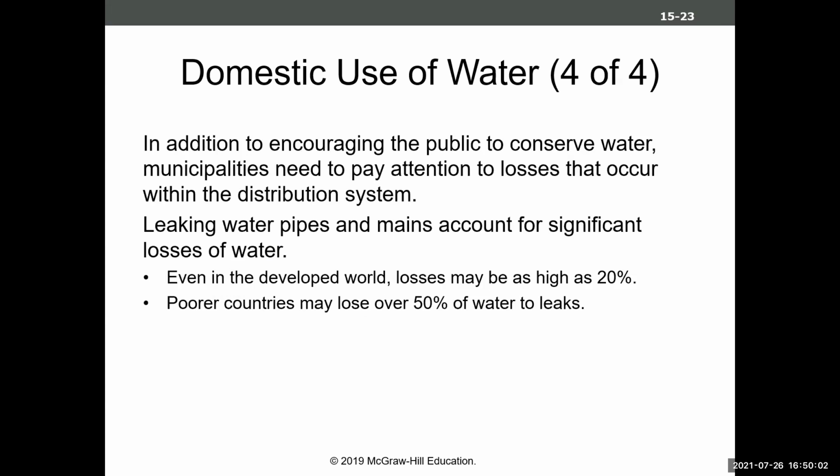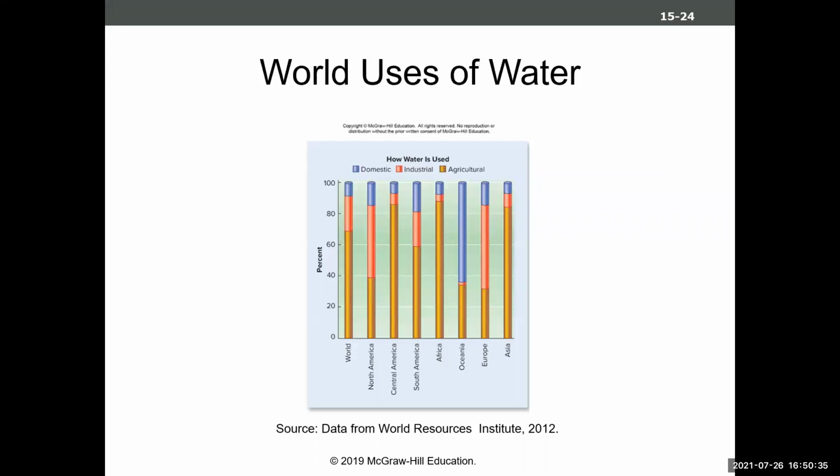Not only are we trying to get the public to conserve water, but the municipalities have to pay attention to the losses that happen within their distribution system. For example, leaking pipes lead to a significant amount of water loss. Even in the developed world, you could lose upwards of 20%. Poorer countries may lose half of their water due to leaks in that leaky system.